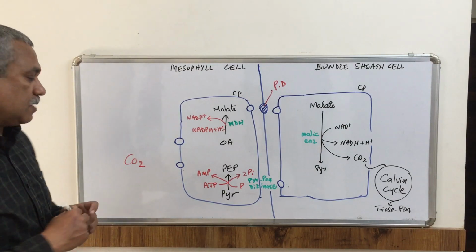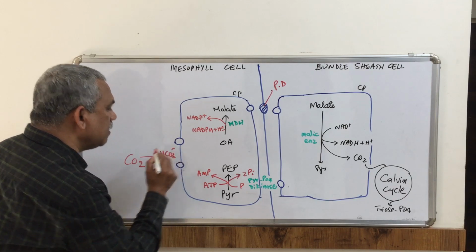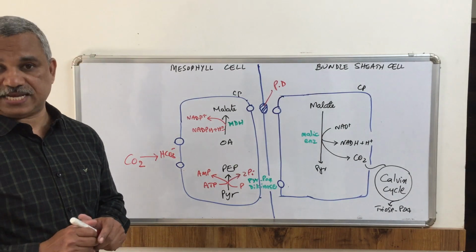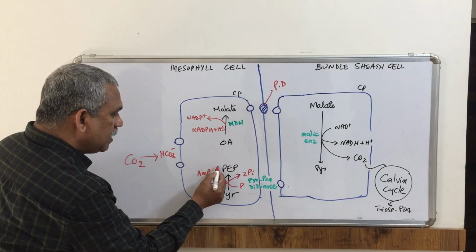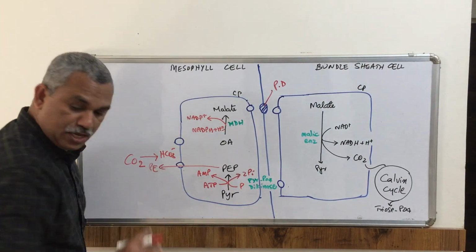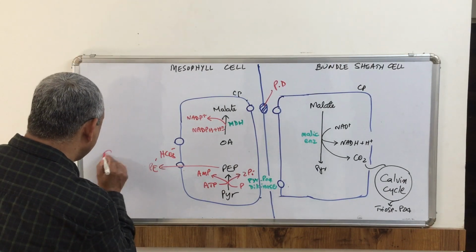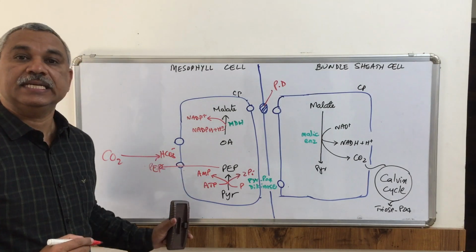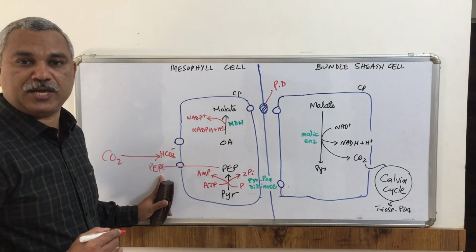Now this molecule of carbon dioxide will be converted to HCO3 bicarbonate ion by the enzyme carbonic anhydrase. So I'll write CO2 here. In the cytoplasm, the carbon dioxide interacts with phosphoenol pyruvate.